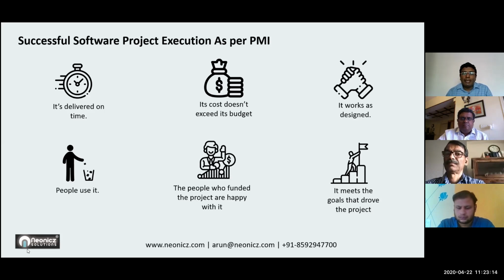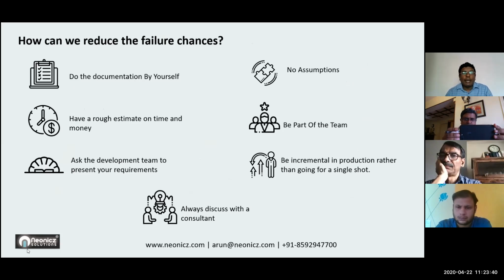Definitely there will be investors who are funding the project. They should be happy with the result of what we have done. And of course, it should meet all the goals that drove the project. So how we can achieve all these things in software development is what we have to discuss.